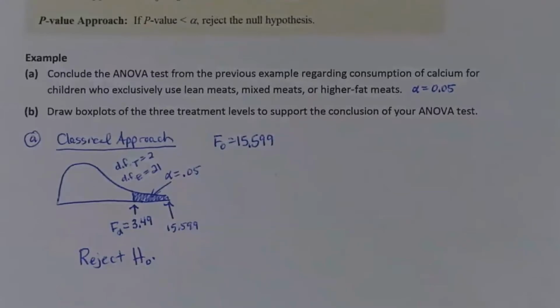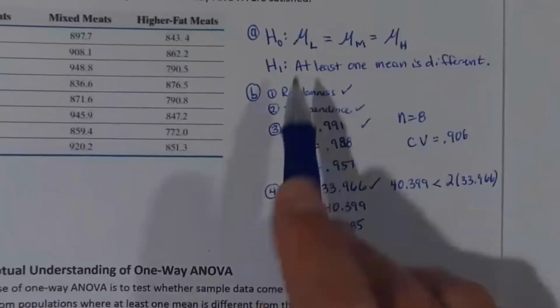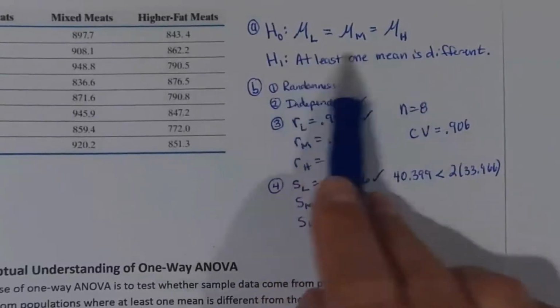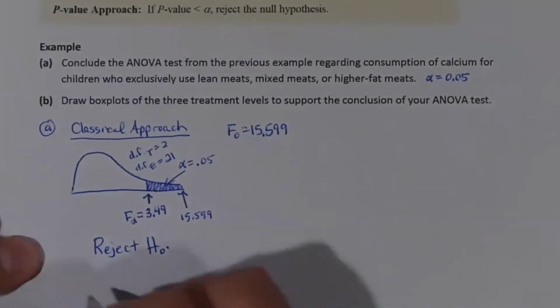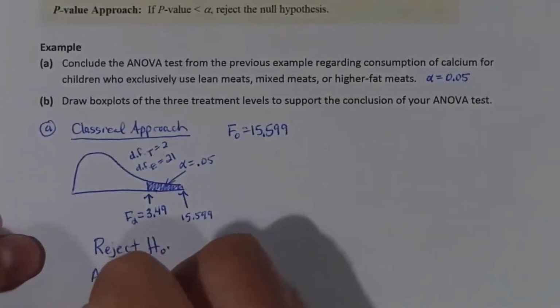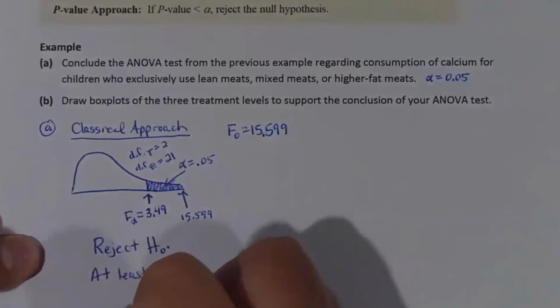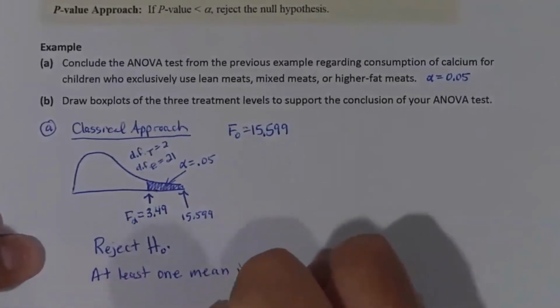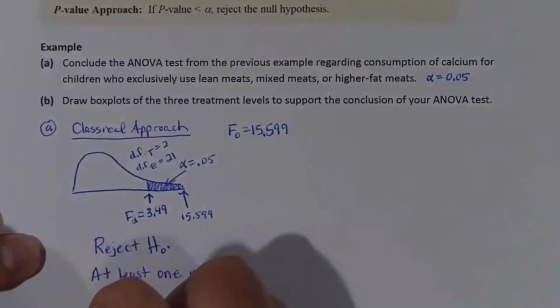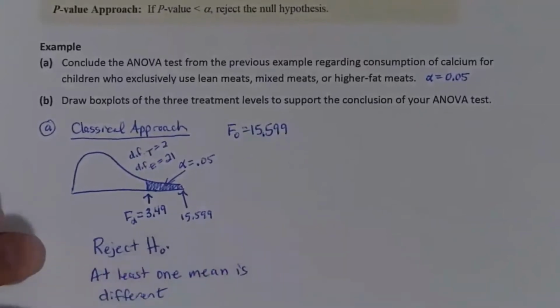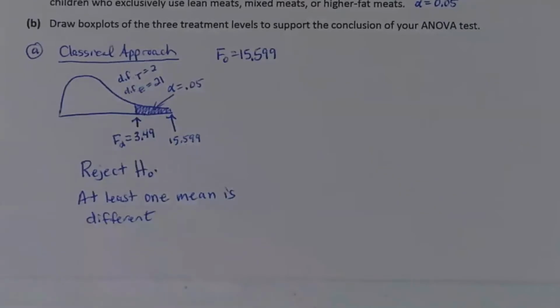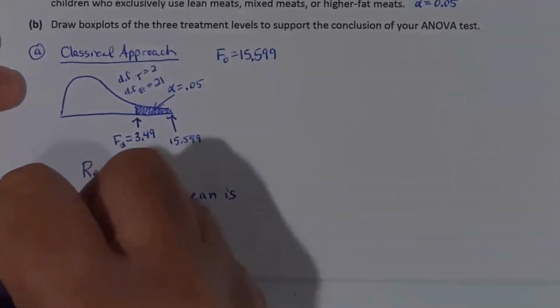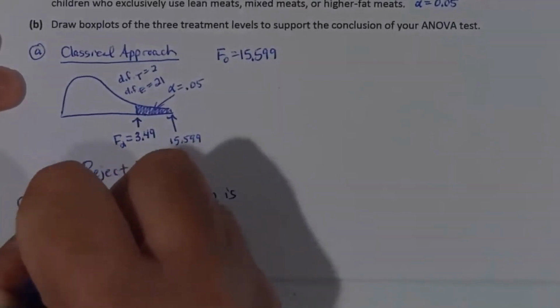If I reject the null hypothesis, going back a couple of pages, remember the null hypothesis was that all 3 means are equal. So I'm rejecting that. So my conclusion is that at least one mean is different. So this is my conclusion.